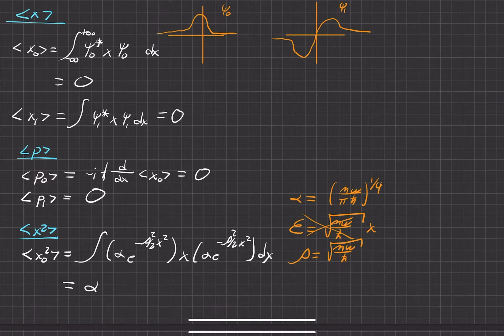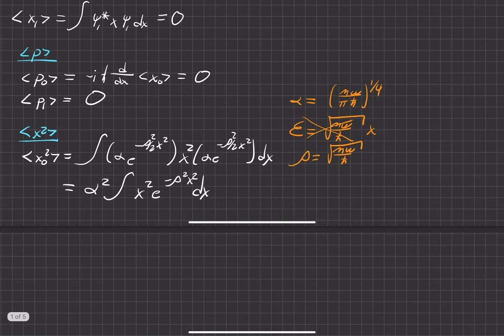It ends up being that the alpha moves through the integral sign since it's a constant. Sorry, I almost forgot that one right there. This ends up being rho squared x squared dx. Now this integral is one of those integrals that you'll just end up working a lot with and potentially end up memorizing. Or what you can do is solve it analytically by hand. I wouldn't really suggest it. I would suggest actually using an integral table or Wolfram Alpha, one of those two sources.